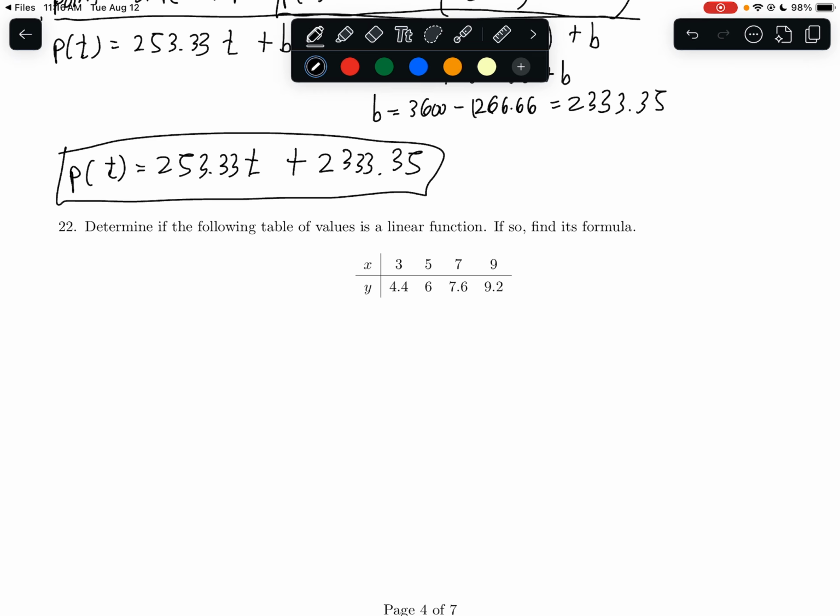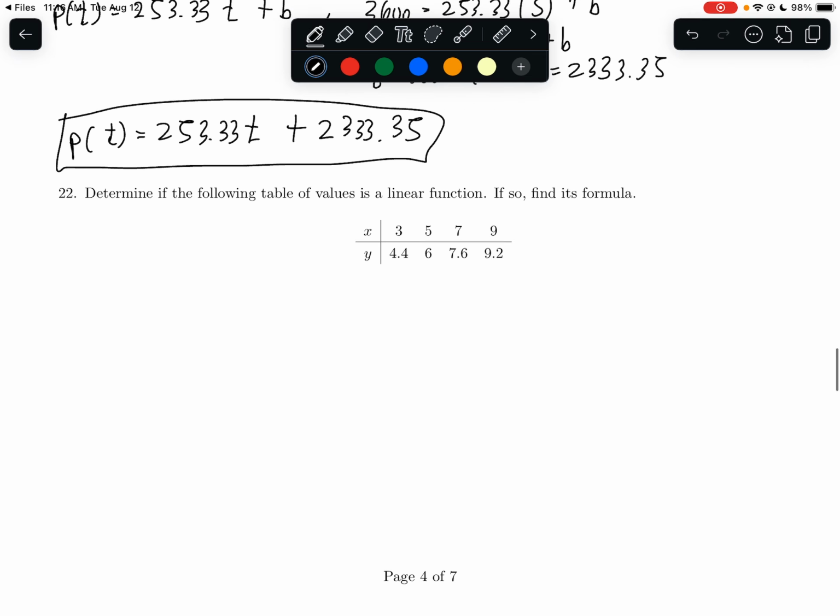Okay, determine if the following table is a linear function. So what you need to do is find the slopes between the consecutive pairs in the table. So for example, the slope between these two ordered pairs.